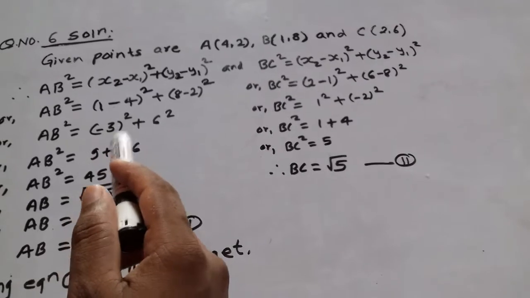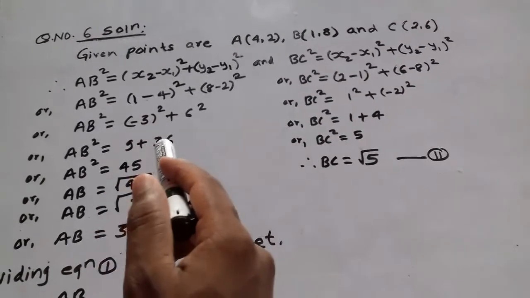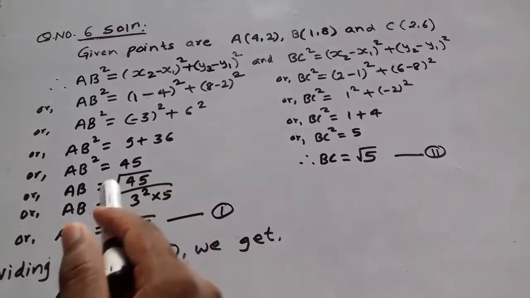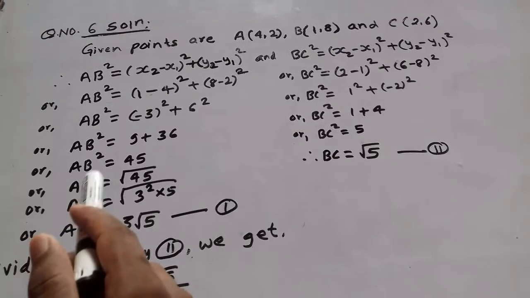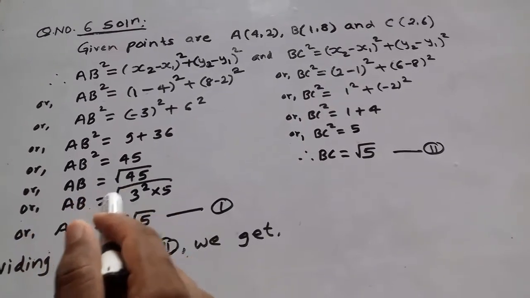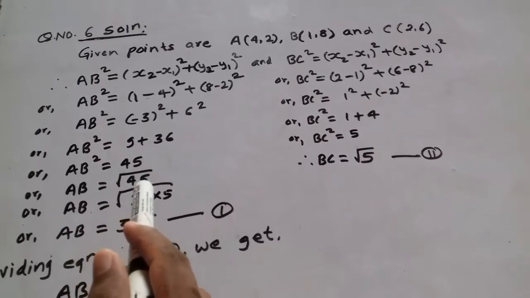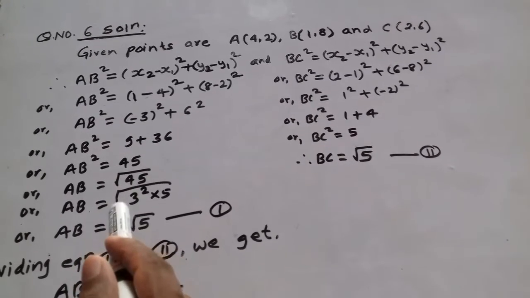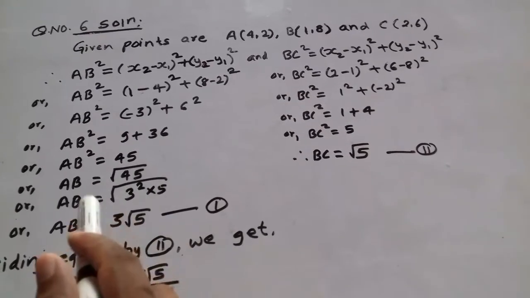Minus 3 square is 9, plus 6 square is 36, and 9 plus 36 is 45. This square we have taken to the other side and it becomes a square root. We have factorized 45 and written it in powers of 2 so that it can be taken out.